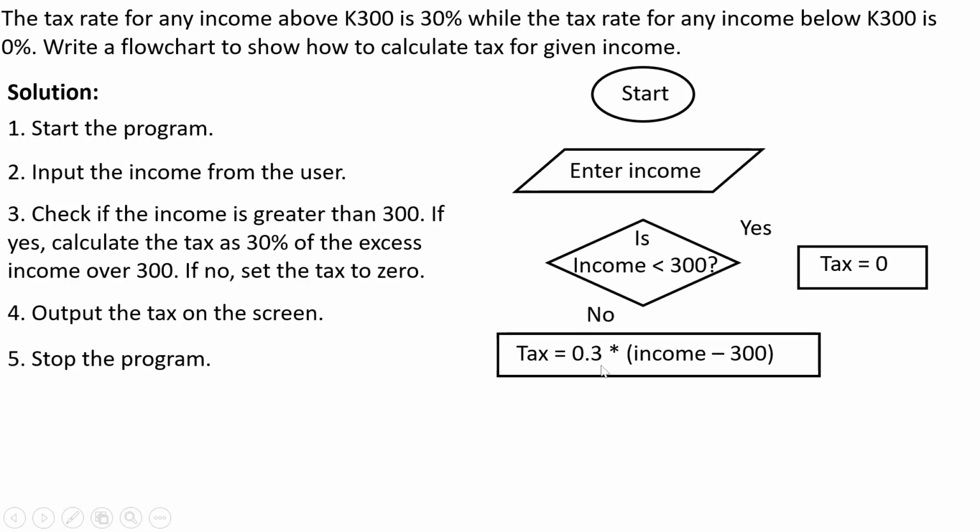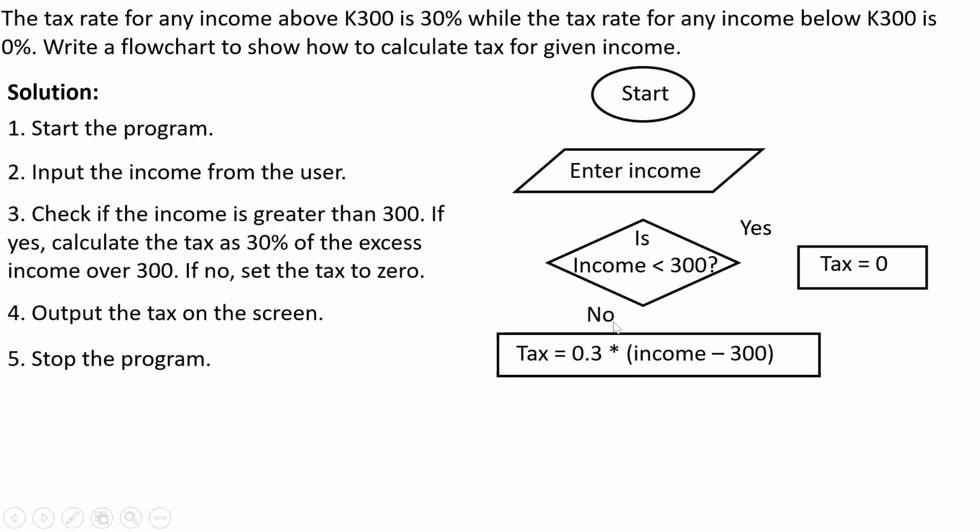Then it times the income that will be taxed. If I get 400 kwacha as my salary, I should say my income, which is 400, minus 300, I will remain with 100. Then 100 times this is the tax that I'm going to be taxed on my salary. That's how tax is actually calculated.